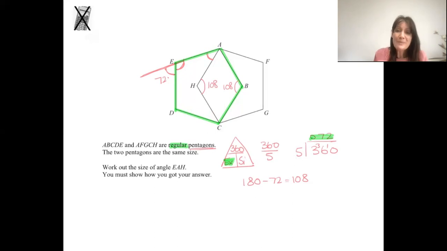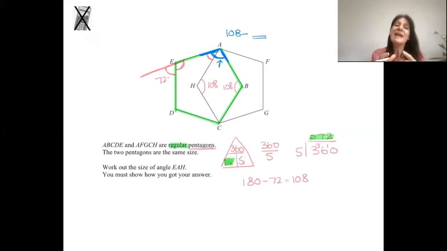Now I'm homing in on this particular part of the diagram because what I've spotted, and hopefully I can show it with a bit of color, is that angle there has to be 108. Because it's the interior angle of my pentagon, if I can work out what this one is, then I'll be able to do 108 take away whatever that is, and it's going to give me the angle I'm looking for.